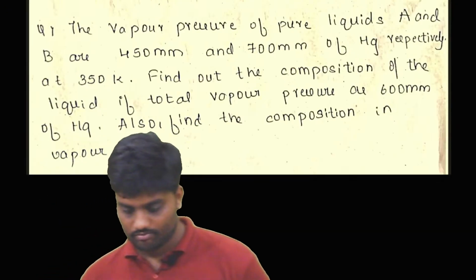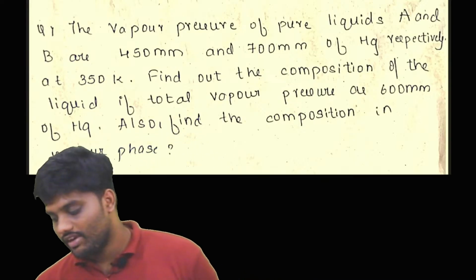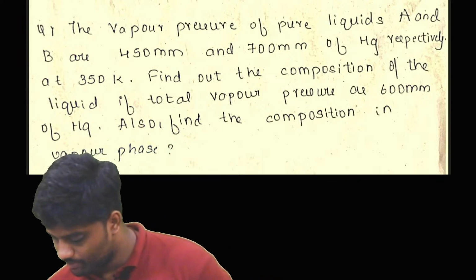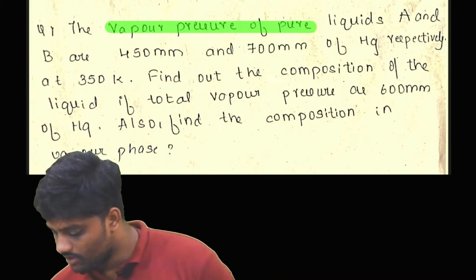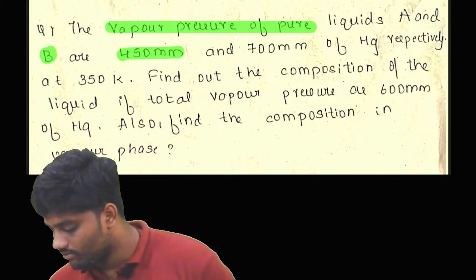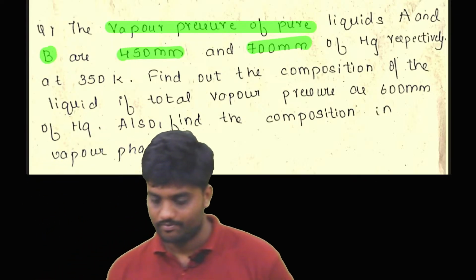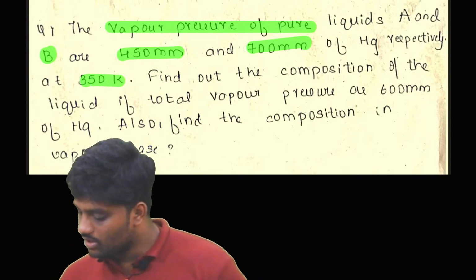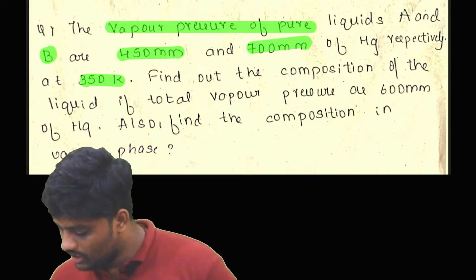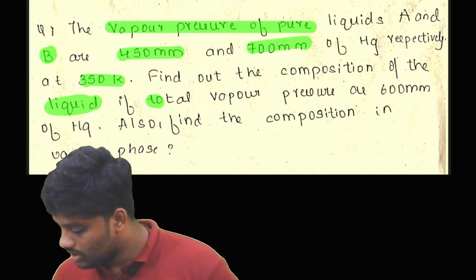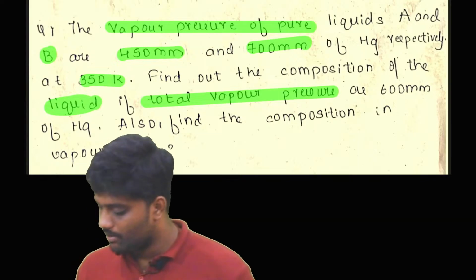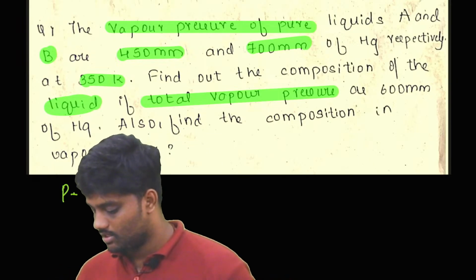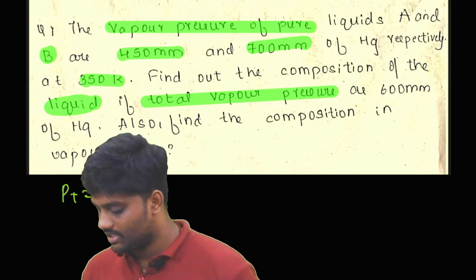Come to this question. The vapor pressures of the pure liquids A and B are 450 and 700 at 350 Kelvin. Find out the composition of the liquid if the total vapor pressure is 600 mm of Hg. They have given total vapor pressure as 600 mm Hg.